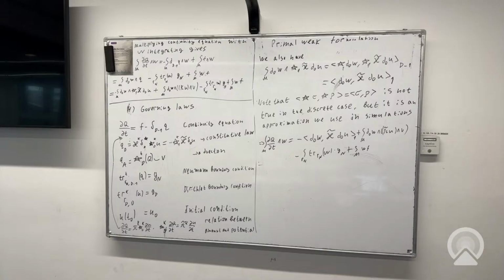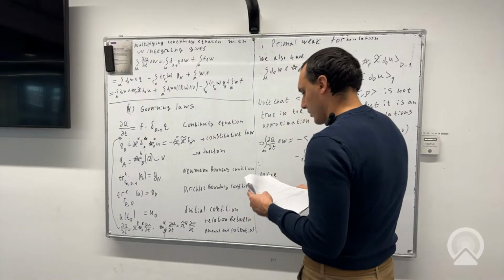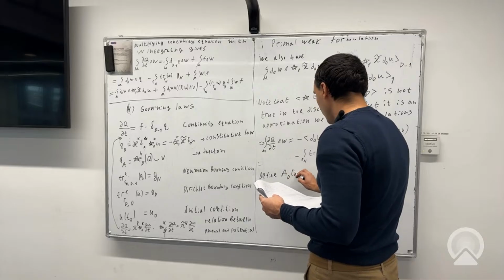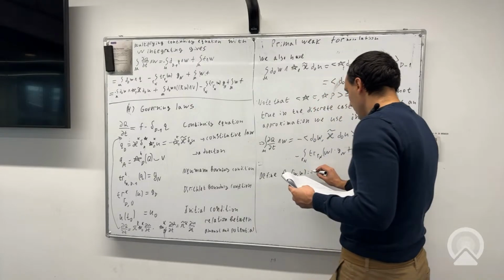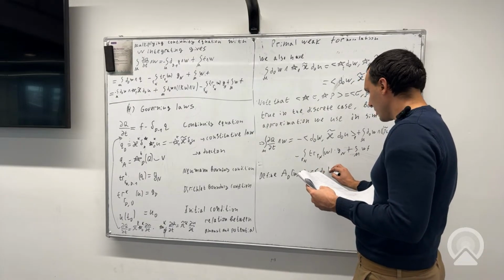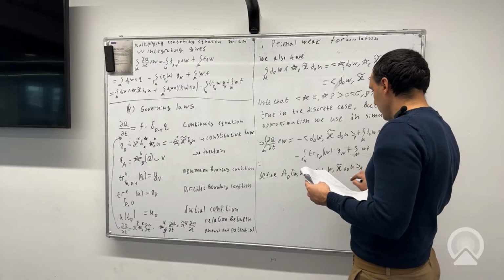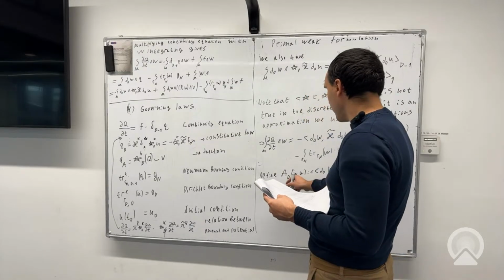And now we'll write this as follows. Define A_D(w, u) to be the integral of d0 w kappa tilde d0 u. This is the diffusive part, this is the advective.